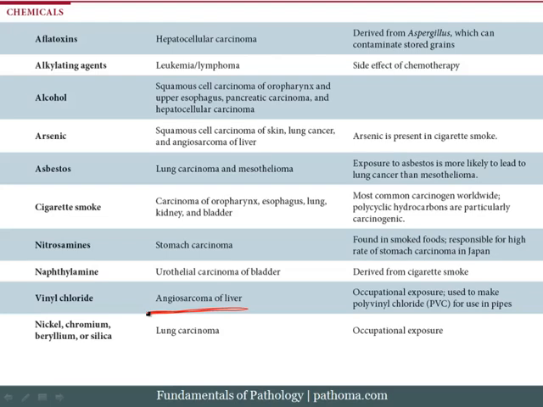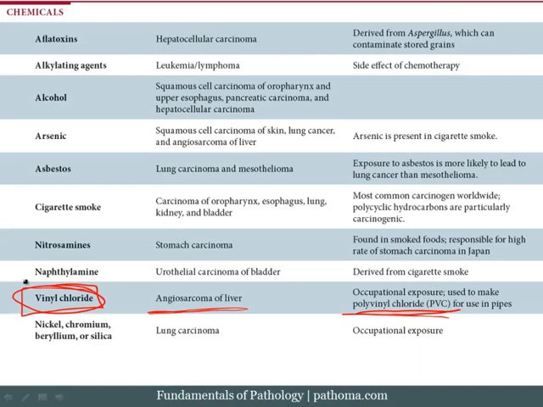When you go to Home Depot or one of these home improvement centers, one type of pipe that can be purchased is the plastic pipe called PVC pipe. Part of PVC requires vinyl chloride. Not that those pipes are particularly carcinogenic, but the vinyl chloride could potentially be carcinogenic if an occupational exposure occurred. And so there's an association there with angiosarcoma of the liver.